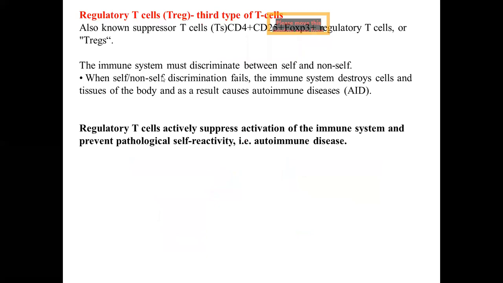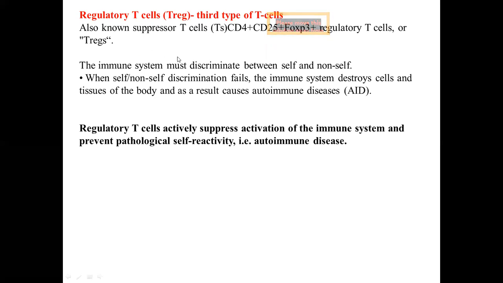The third type is one more population of T cells called suppressor T cells, which express unique cell surface markers, for example CD4 and CD25. Such cells are called regulatory T cells, or Tregs for short.